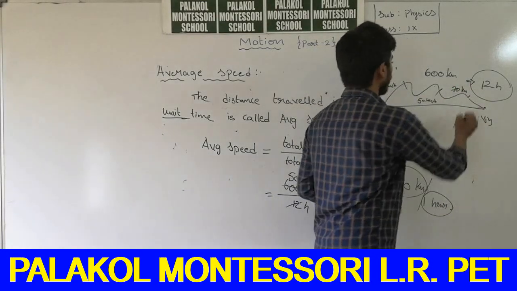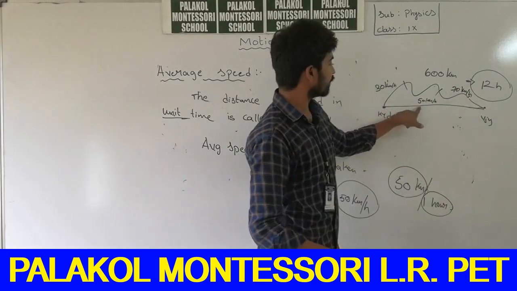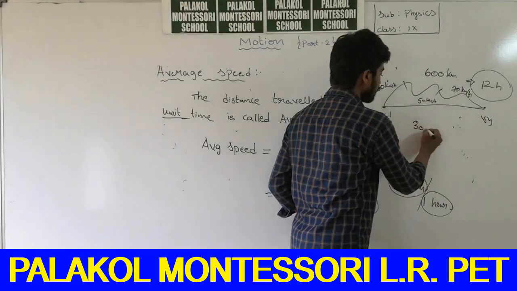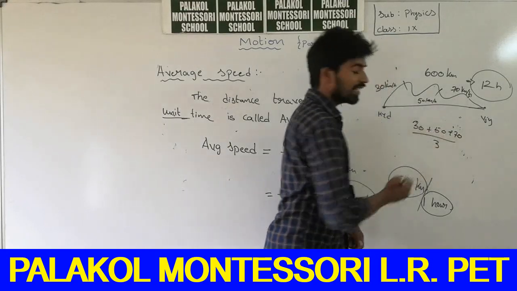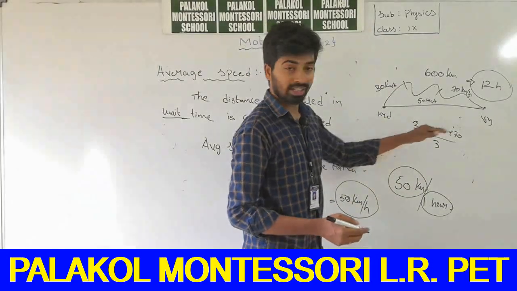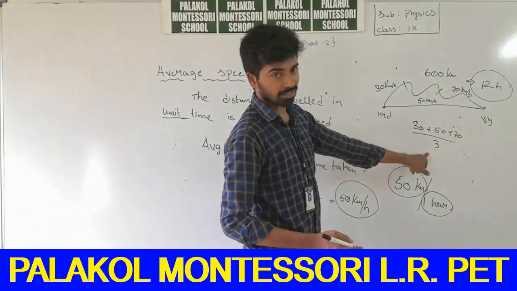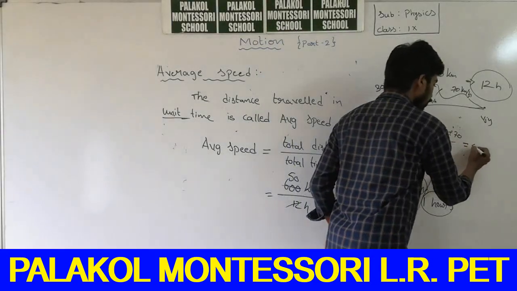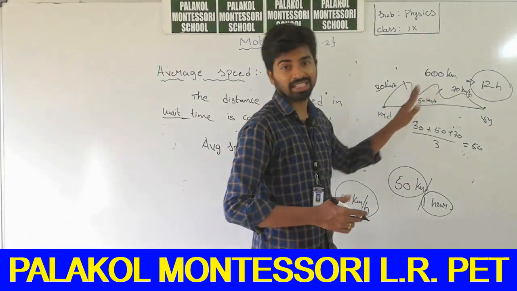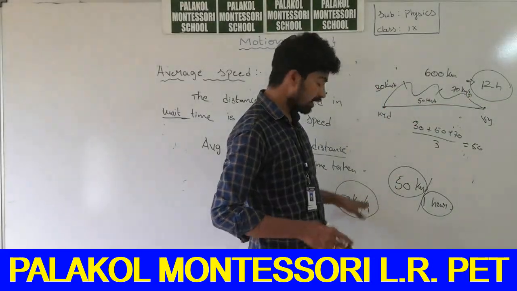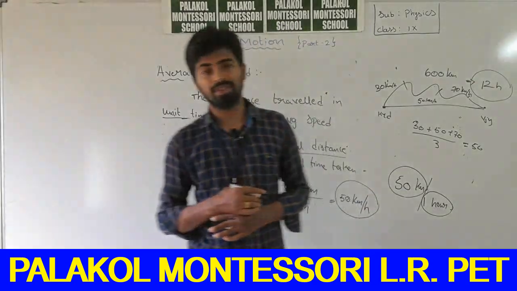So, what is the average? 30 plus 50 plus 70 by 3. How can you calculate the average? Sum of observations by number of observations. Then you will get 50. So, your speed may be different through the travelling, but the average speed is 50 kilometers per hour. Okay.